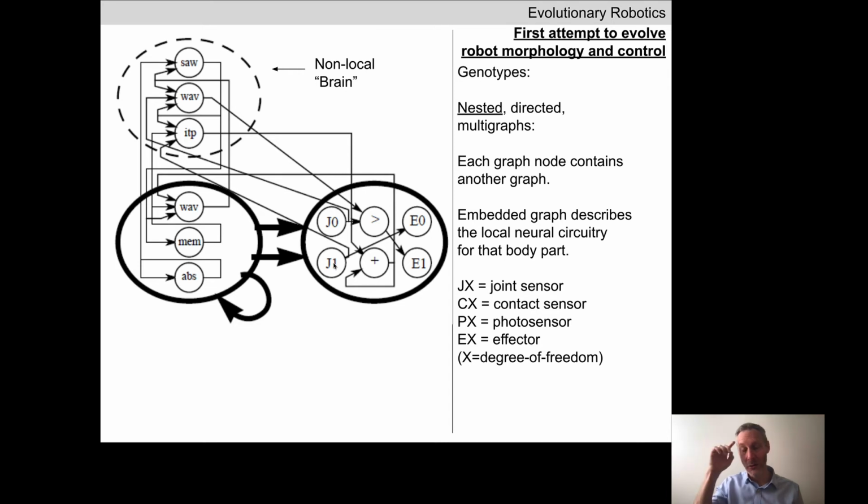At each point in time, each fin has two of these joint sensors. So the robot knows what the two angles are that describe the fin relative to the main body. The values from these sensor neurons are flowing into, among other things, these neurons here, which, Logan, are hidden neurons. We'll talk about these symbols in a moment.